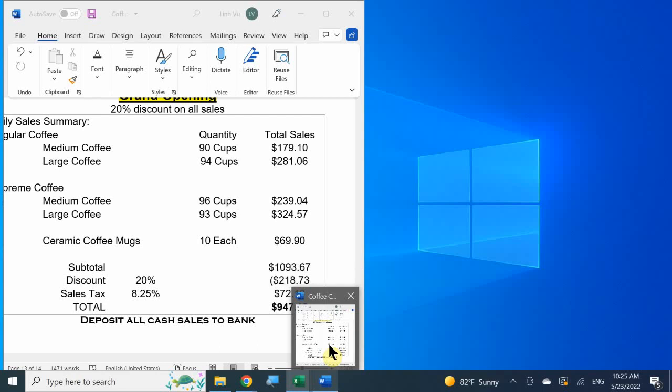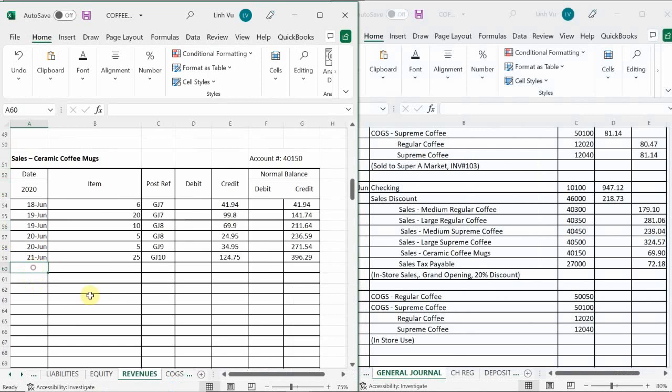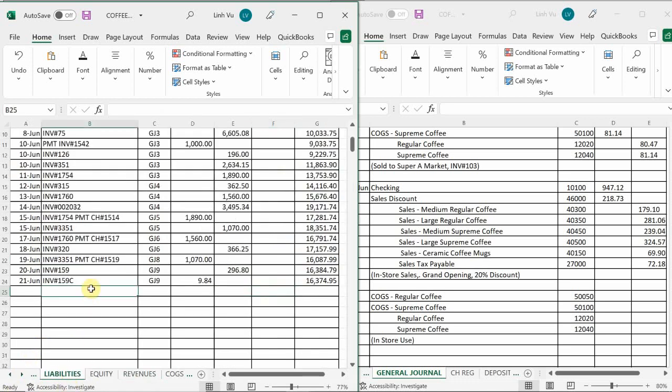Ceramic coffee, we sold 10 with $69.9, with 396.29, 466.19. Good. And then last but not least, we have sales tax, which is a liability.